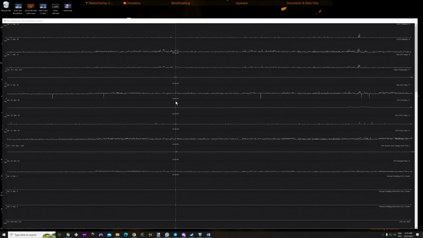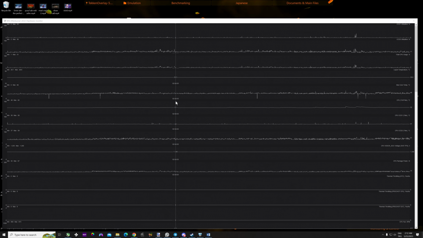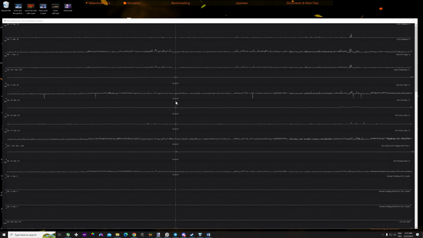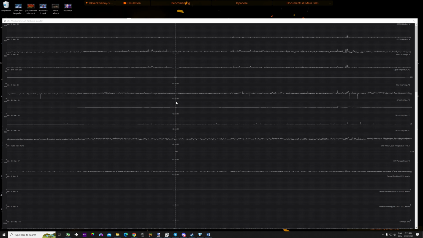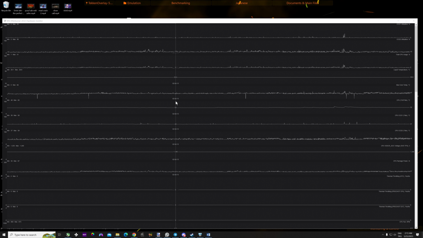So I enabled Expo, and other than that I have some curve optimizer settings, but they're very mild: -15 on almost all the first CCD cores, except for the two best, which are a bit lower, like -10, -5 or something, and then -10 on almost all the second CCD cores.